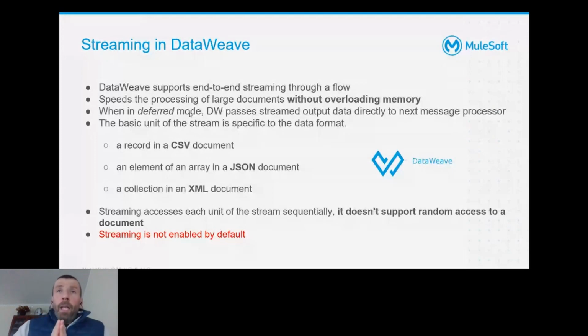There are, of course, some limitations and some constraints. So this deferred mode is supported only for 3 formats. It is supported for CSV documents, for JSON documents, and for XML documents. Why is it like this?